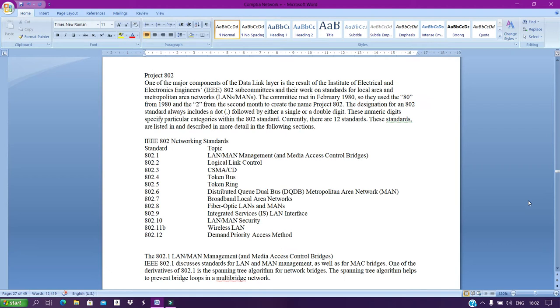Currently there are 12 standards. These standards are listed and described in more detail in the following sections.